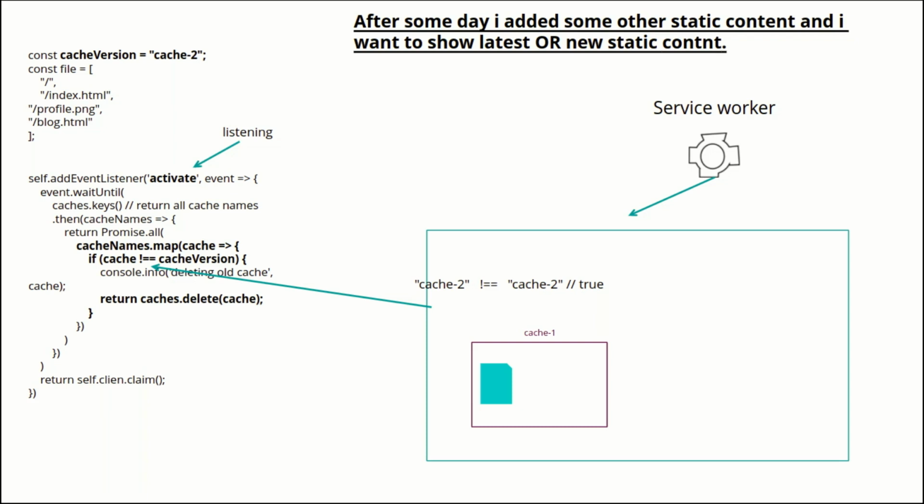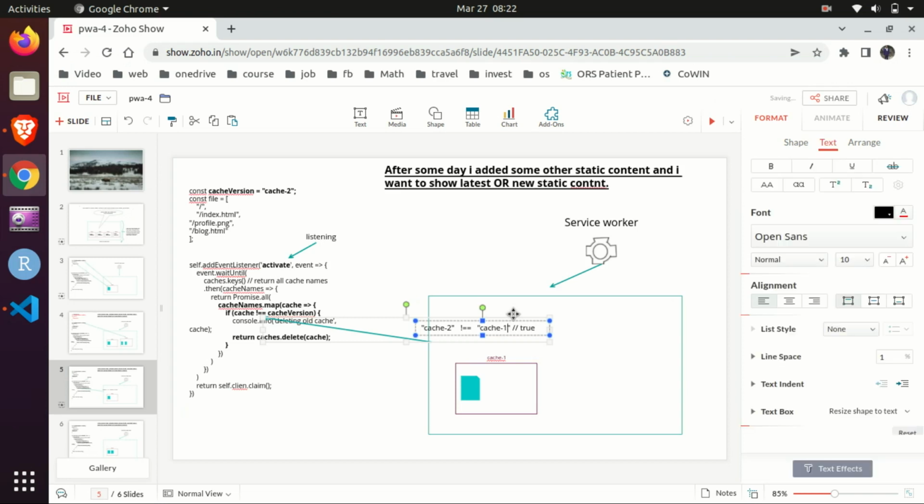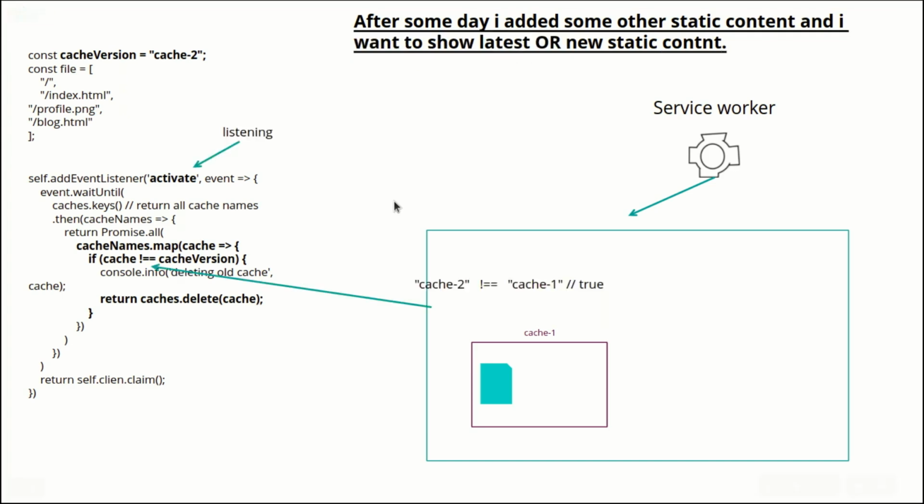So that means cache2 not equal to, sorry, this is cache1. See the code here.